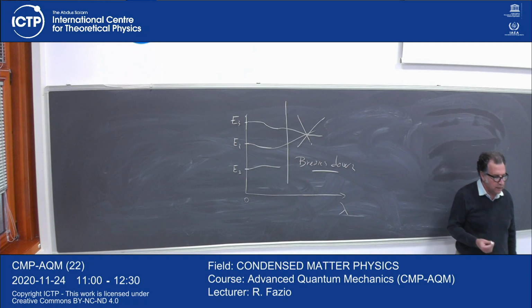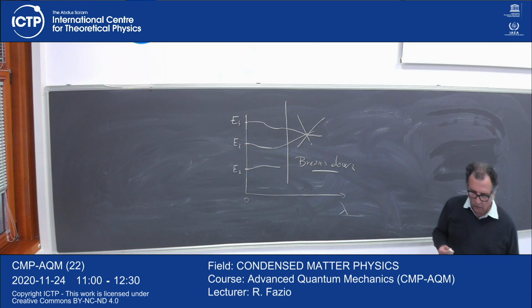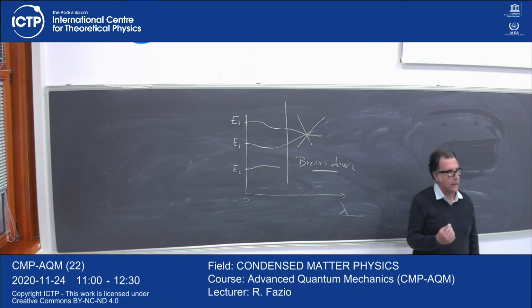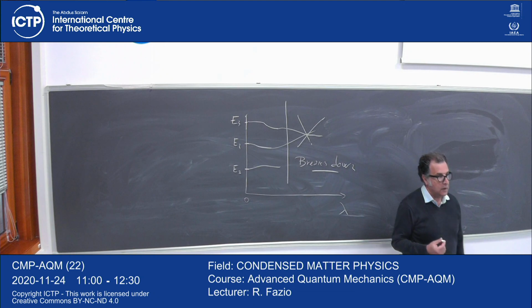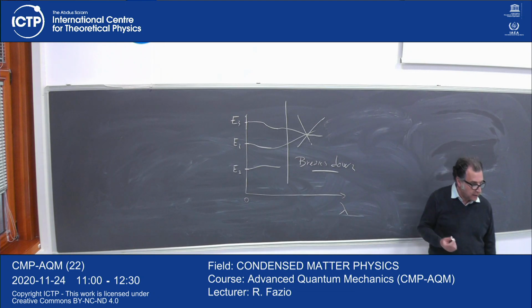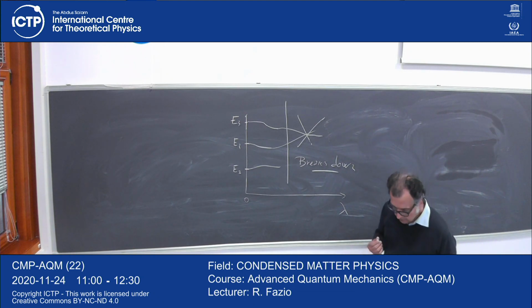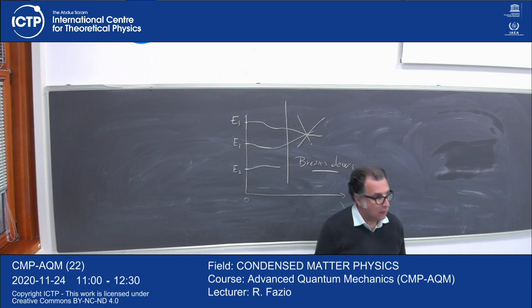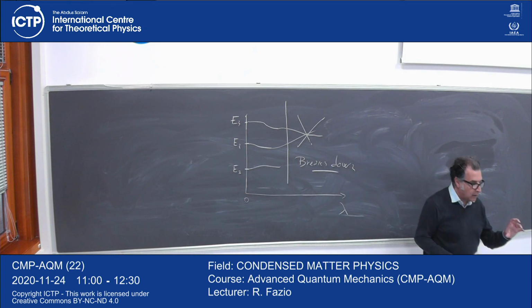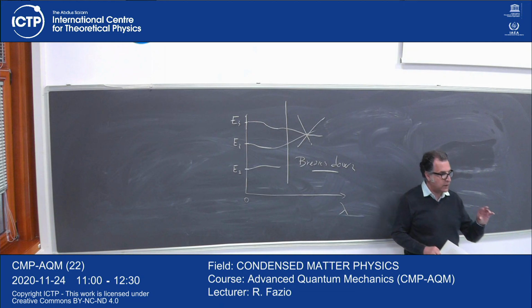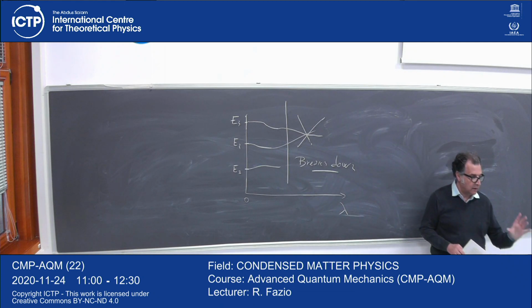The way to quantify how small the perturbation should be such that perturbation theory is valid is to consider how the perturbation modifies the level spacing.